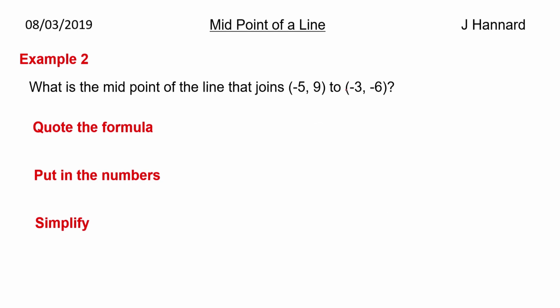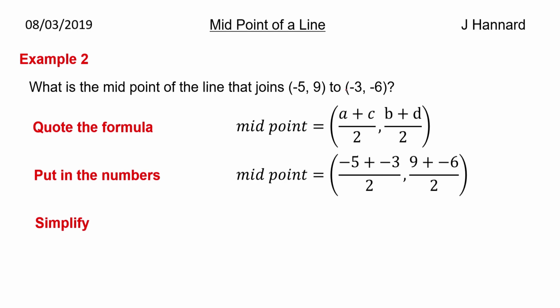Example 2 then: what is the midpoint of the line that joins (minus 5, 9) to (minus 3, minus 6)? We quote the formula, midpoint equals (A plus C over 2, B plus D over 2), or the average of the x's, comma, average of the y's. Put in the numbers: minus 5 plus minus 3 over 2, 9 plus minus 6 over 2.